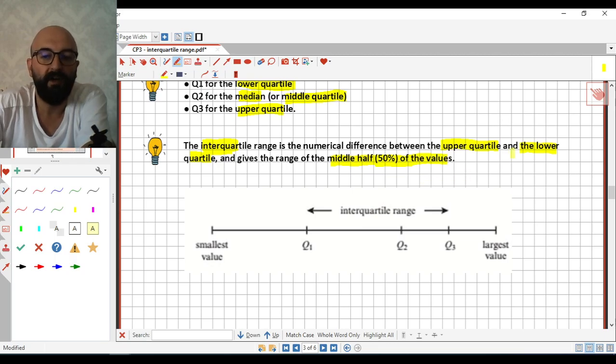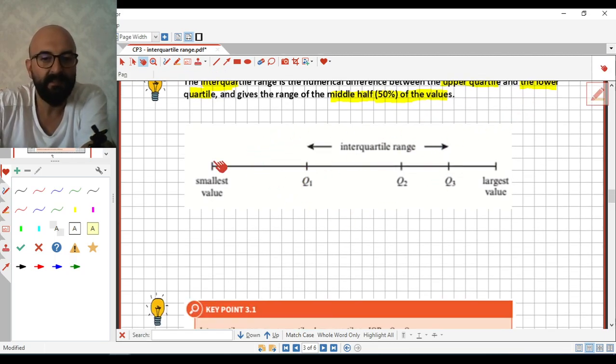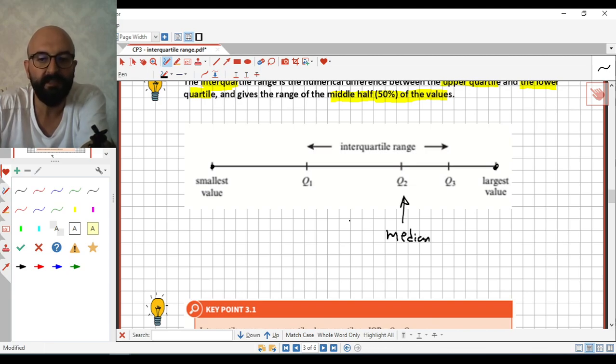and gives the range of the middle half, 50% of the values. Now we have a data set: this point is the smallest value, this point is the largest value, and Q2 means median, and the lower quartile and the upper quartile.